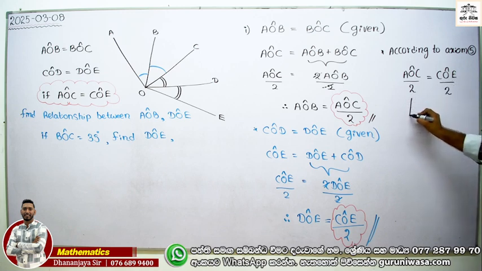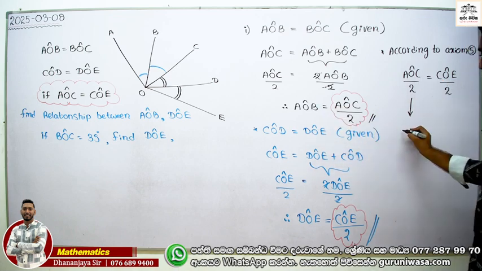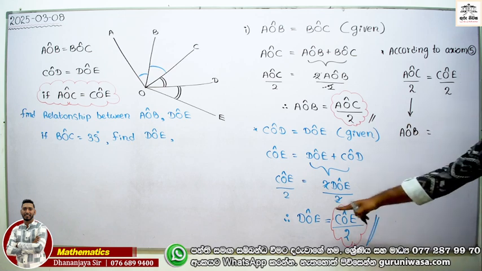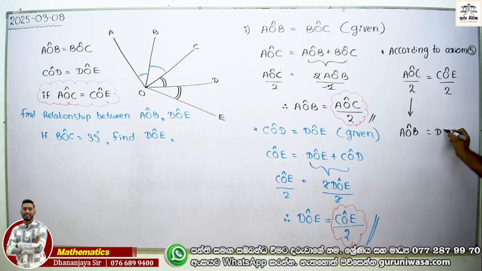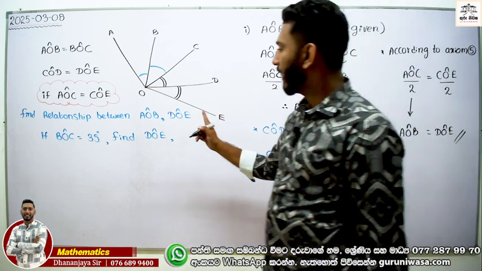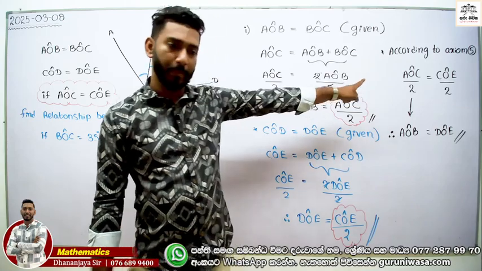And now you know AOC divided by 2 is AOB, and COE divided by 2 is DOE. And this is a relationship between AOB and DOE. Now, this is axiom number 5.